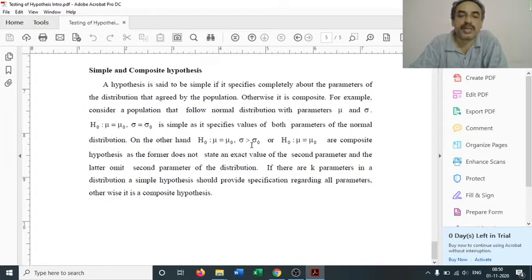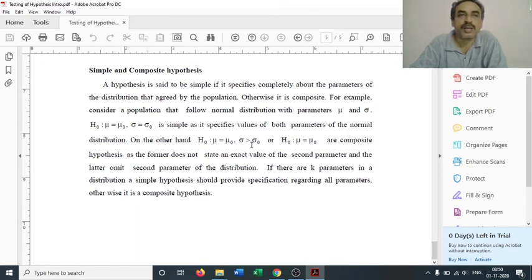At the same time, H0: mu equal to mu 0 and sigma greater than sigma 0 is also a composite hypothesis because the second parameter is not specifically given. Therefore, a hypothesis will be simple if all the parameters of the population are specifically given. Otherwise, the hypothesis is said to be composite.